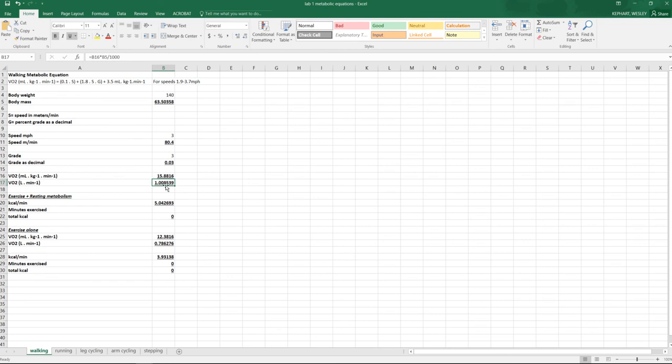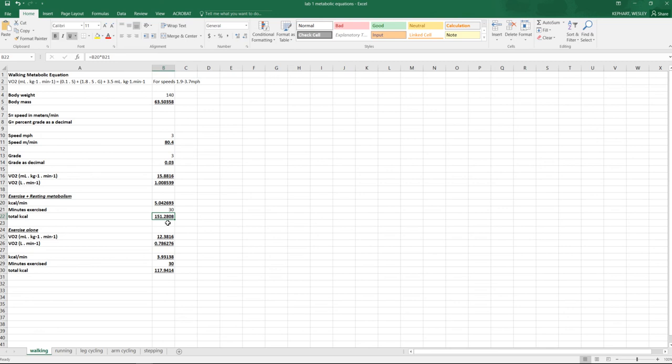VO2, they're consuming 1 liter of oxygen per minute. That's what that means. Now, down here, this shows that if you're doing this, you are burning, look right here, kilocalories per minute. So 5.04 kilocalories per minute. So let's say that they did this for 30 minutes. You'll burn 151 calories.